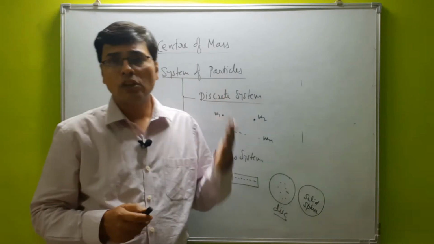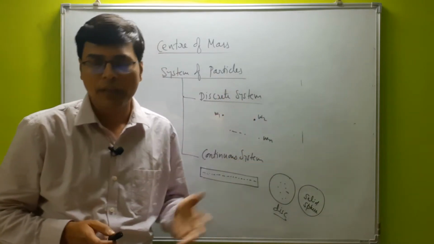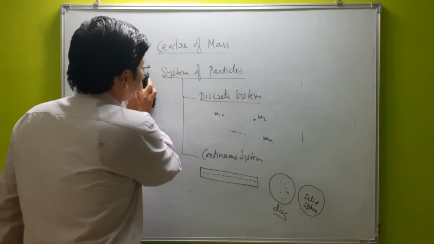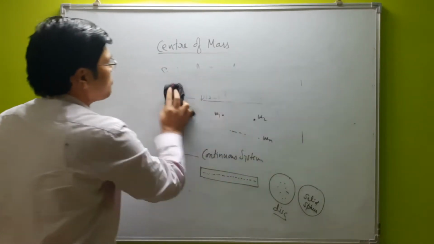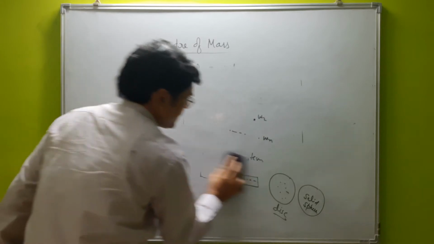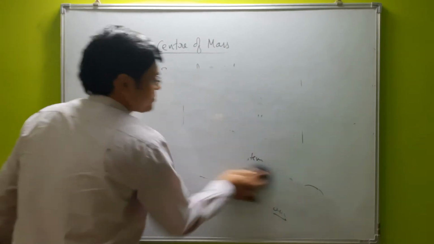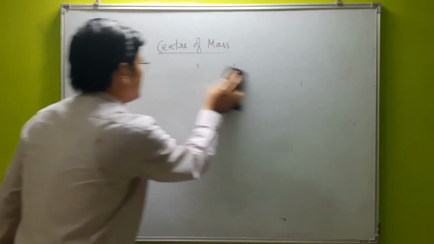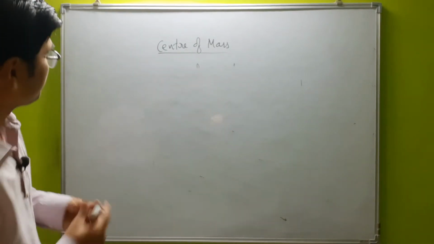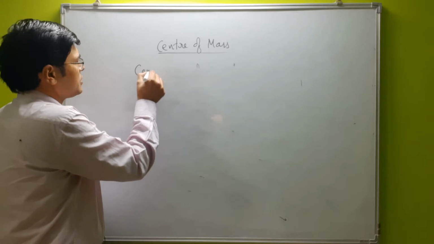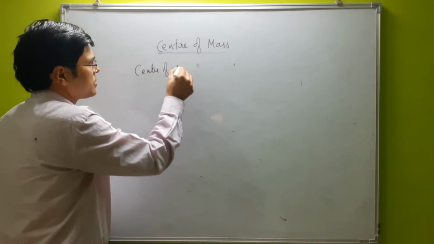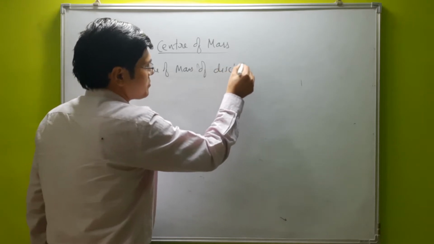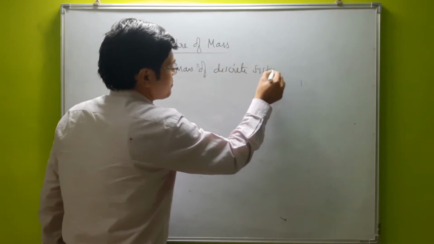Now let's first find out how to calculate the center of mass in the case of a discrete system of particles.